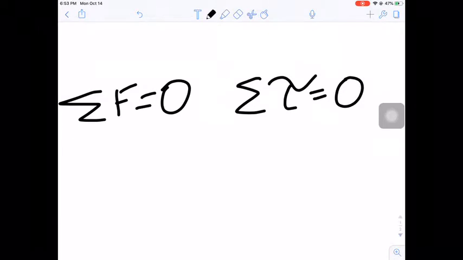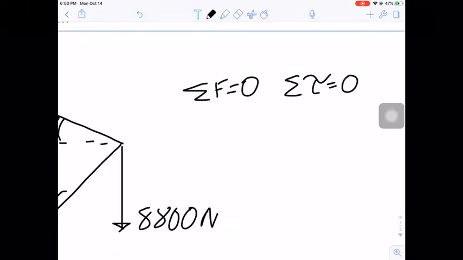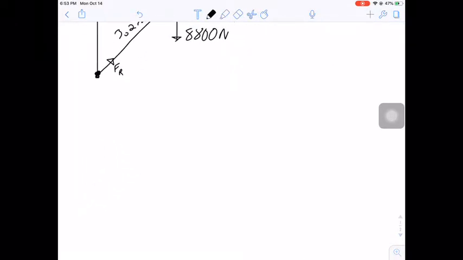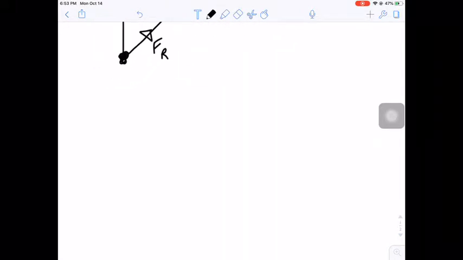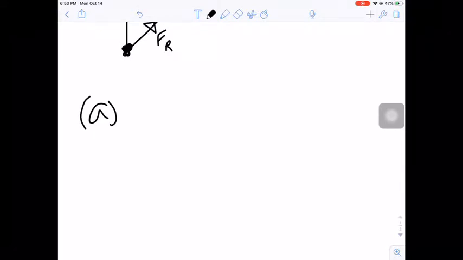So basically, ups have to equal downs, left have to equal rights, counterclockwise has to equal clockwise. So everything cancels out. In part A, it asks you to find the tension in the cable.